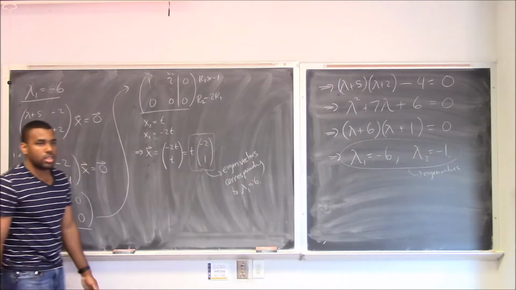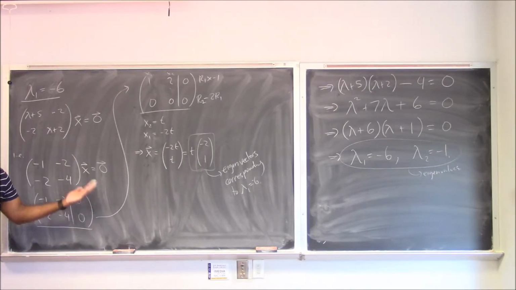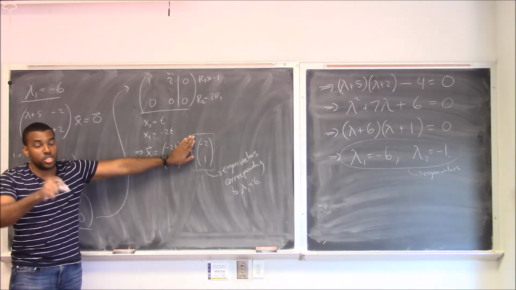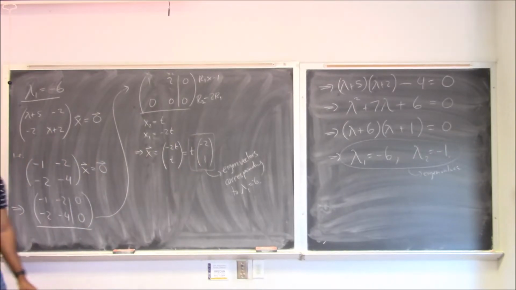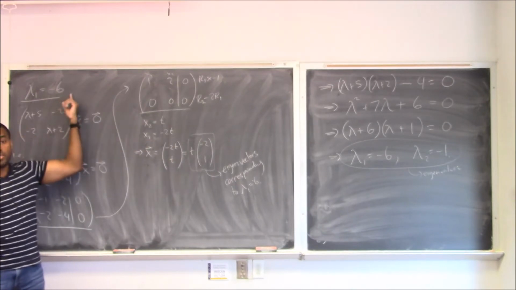Scaling 0 by anything just gives you 0. Whoop-de-doo, no information. But if I know the vector minus 2, 1 is flipped and then stretched by 6, that's important information. And any vector parallel to that will be scaled by this value.